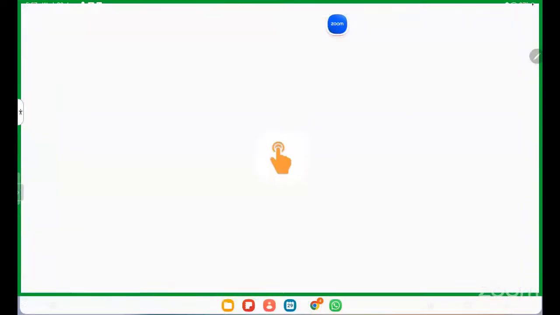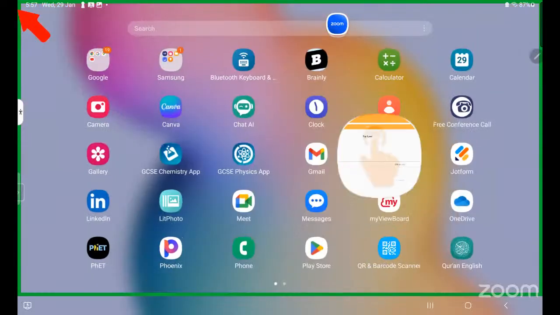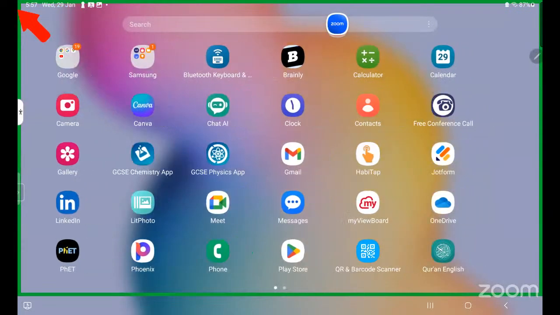I'm trying to use the pointer so you can see clearly how I navigate.